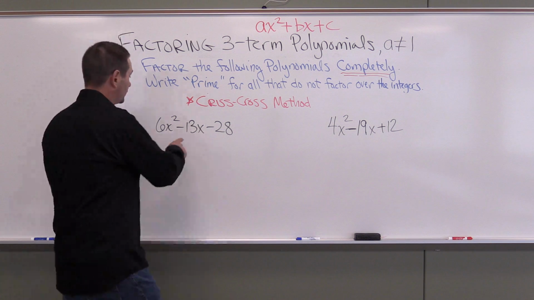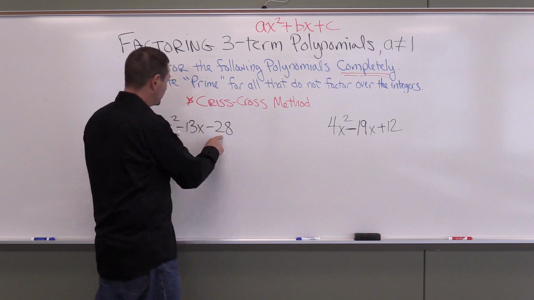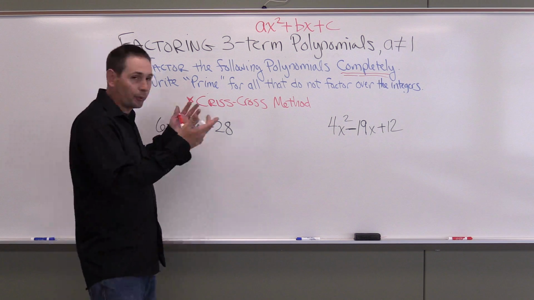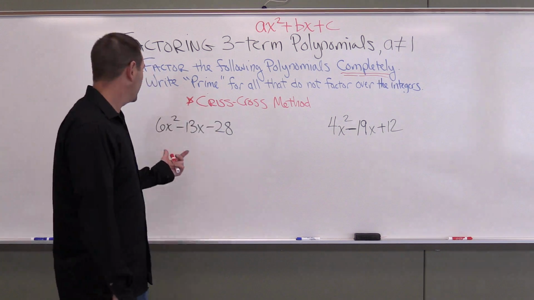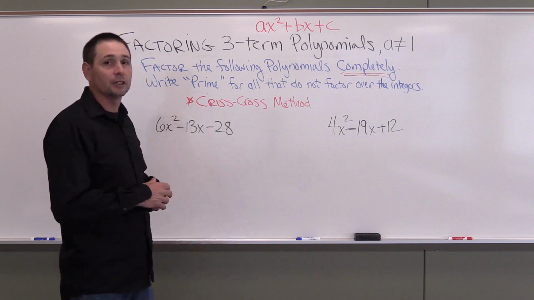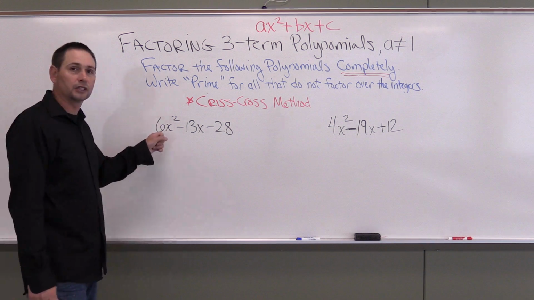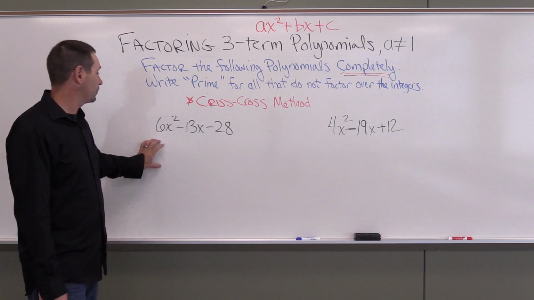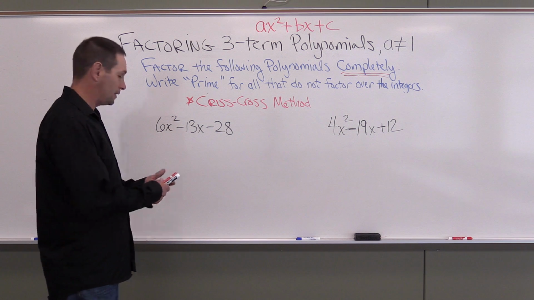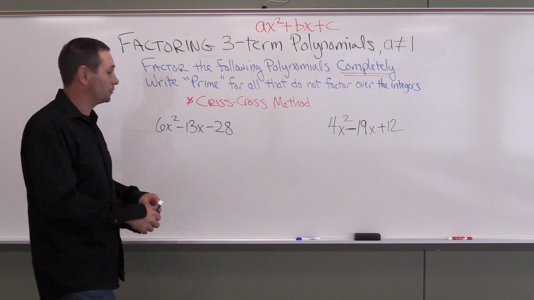I generally will look at the middle term, and if B is somewhere in the ballpark, not crazy big or crazy small compared to A or C, not like 50 units away or something like that, then I'll use the closest together factors, like the 3 and the 2 to give you 6, versus 6 and 1. A lot of times when you use the farther apart factors, you get a really big or really small middle term. So I usually use that to my advantage. It just helps save some trial and error process time, but it's not really that big of a deal. You can just jump to it.